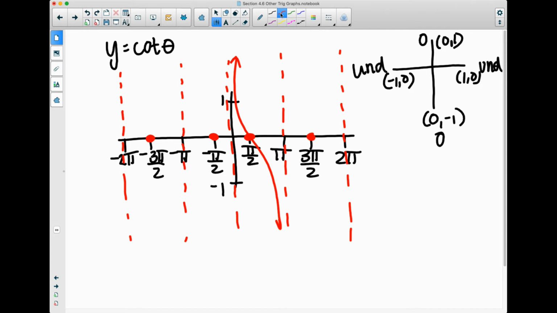So right here, that's the first quadrant, so I have to be in the positive. Still don't have an amplitude. I can do a vertical stretch or compression, but it does not have an amplitude.